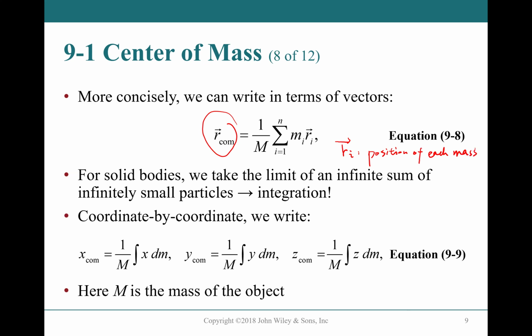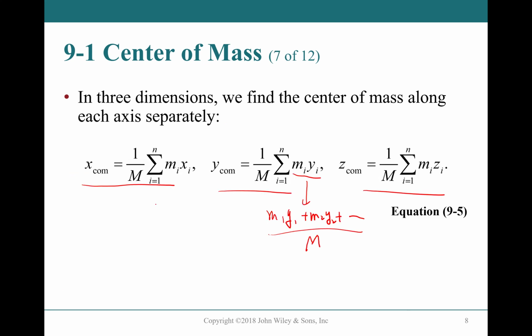And for solid bodies, we take the limit of an infinite sum of infinitely small particles, which gives us integration. So if we have a continuous distribution for any solid, I do not need to tell you this.